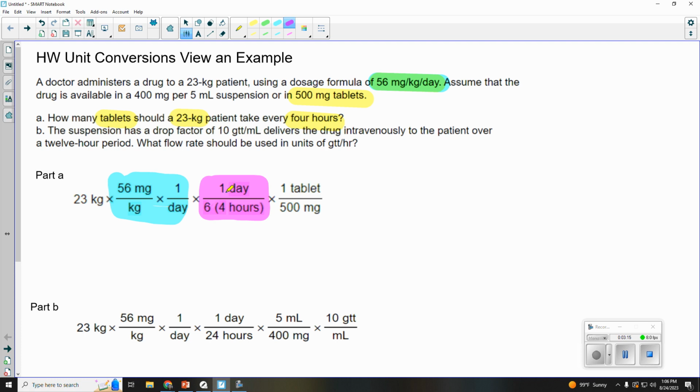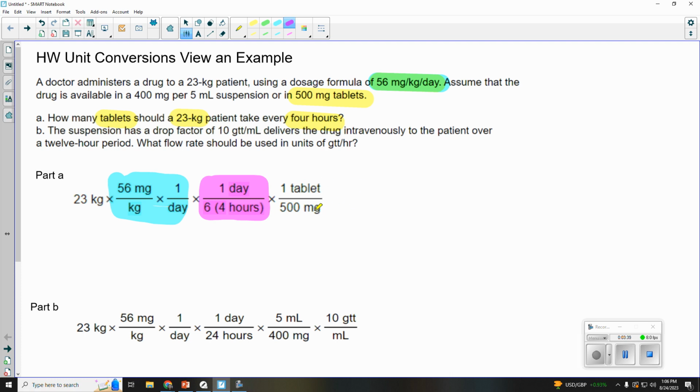As in, the 24-hour day is broken up into 6 different 4-hour periods. And that's why we do 1 over 6. And then the tablet, they tell us how many tablets, 500 milligram tablet. 1 tablet is 500 milligrams.